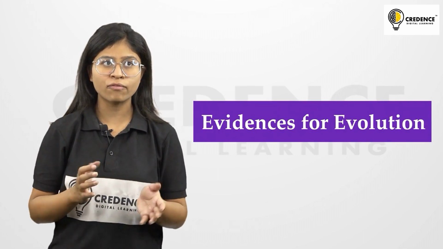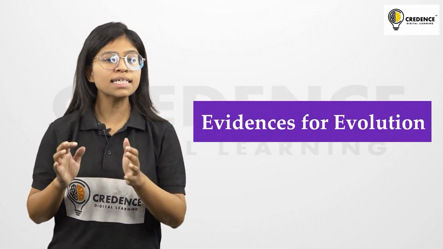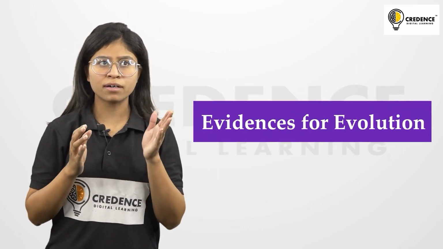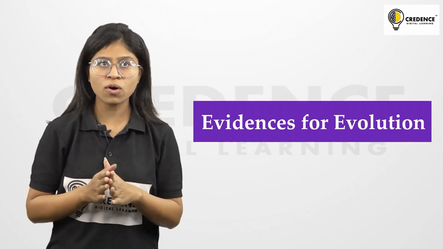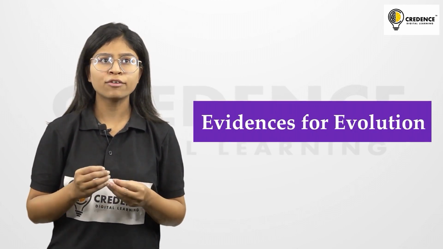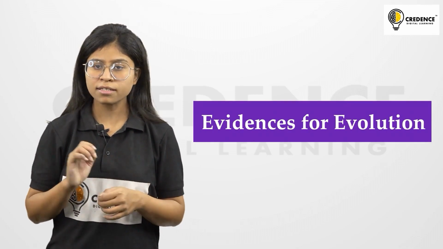So in our last video, we discussed that there are different sources that provide us evidences for evolution, and these evidences have proved that complex organisms have been selected for the advantages for their survival.